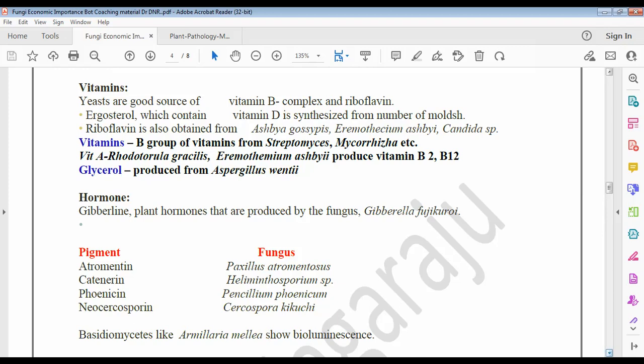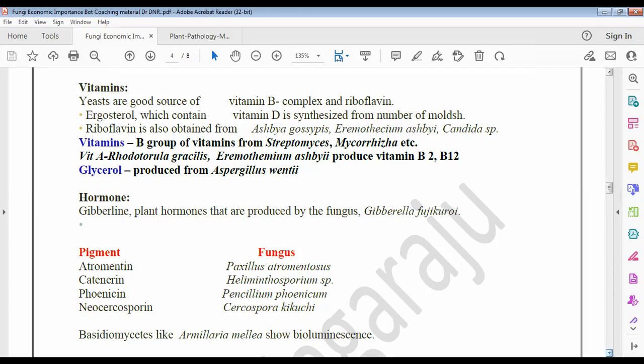It totally wilts. It bends back and becomes very delicate when attacked by the fungus Gibberella fujikuroi. Because of Gibberella fujikuroi, it causes the Bakane disease.